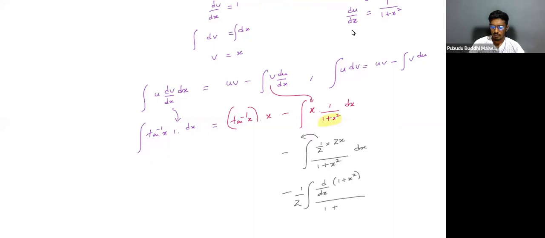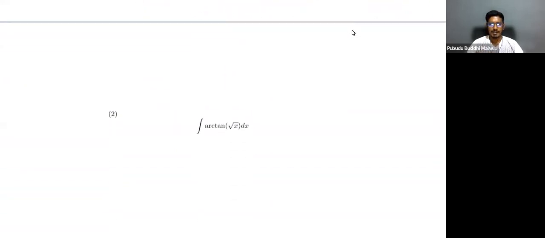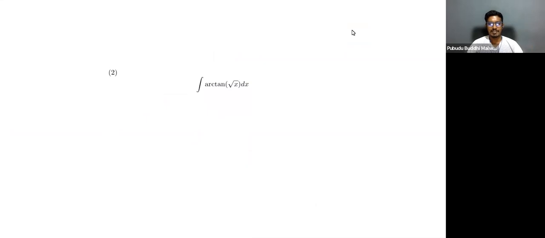If you want to, you can use a substitution, but that's not necessary. This is basically natural log of 1 plus x squared. But actually, yeah, that's correct. Like this, plus c.